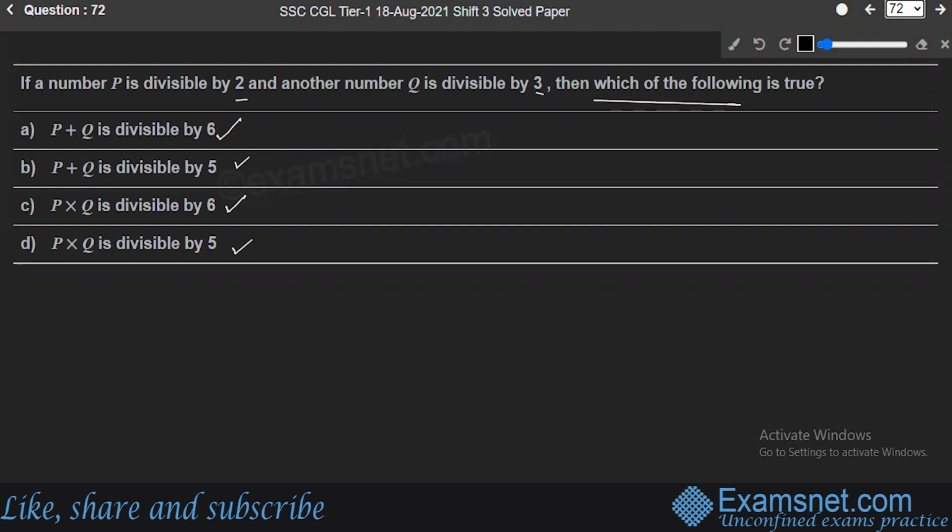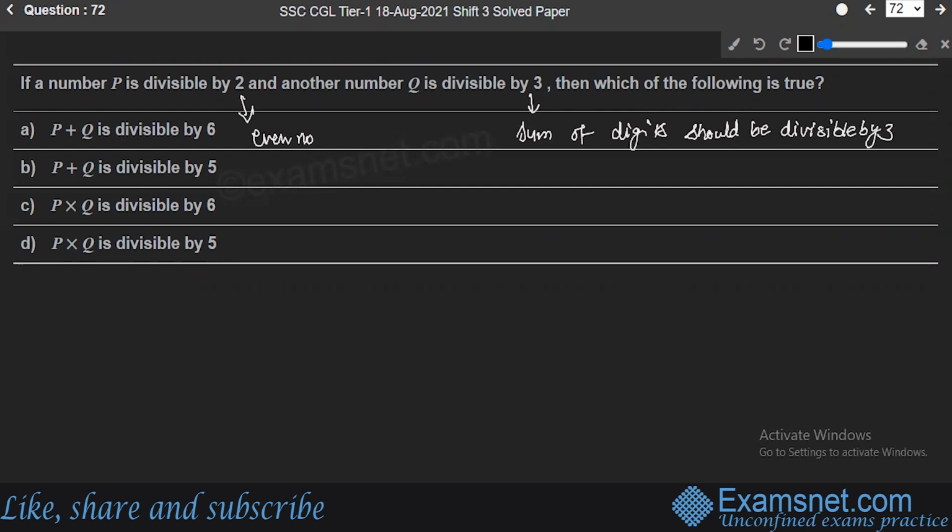See, first of all, you are given that p is a number which is divisible by 2 and q is a number which is divisible by 3. What is the divisibility test of 2? The number should be an even number. And the divisibility test of 3 says the sum of the digits should be divisible by 3.